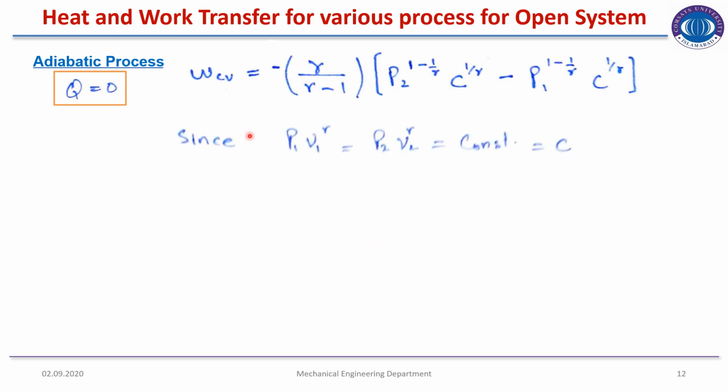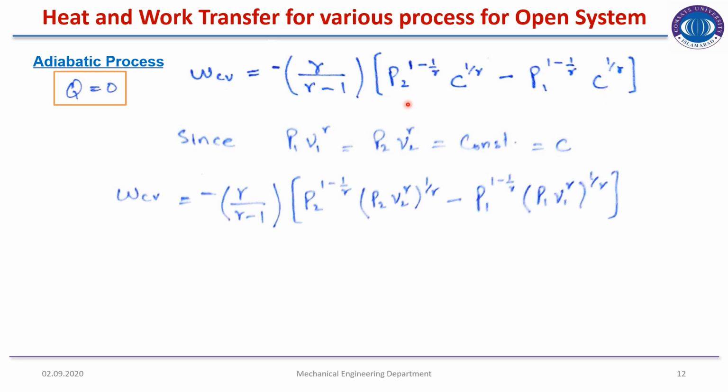Now the general relation for an adiabatic process is P1 V1^gamma equals P2 V2^gamma equals constant, and the constant here is represented with the symbol C. So we will replace the C term with the respective pressure-volume term.